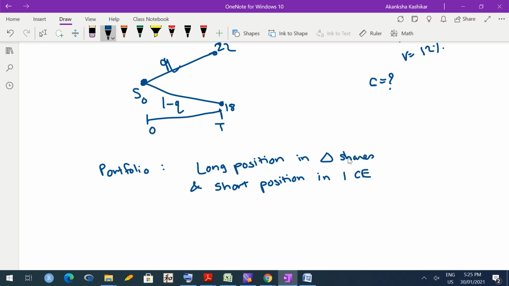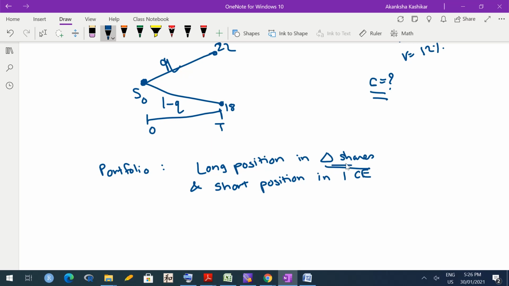So we have to determine this c. Short position means we have just sold this call option at this time point, and long position in delta shares means we have these delta shares with us. So at time capital T, whoever is the holder of the call option can force us to sell one of our shares, out of delta, one share we will have to sell.